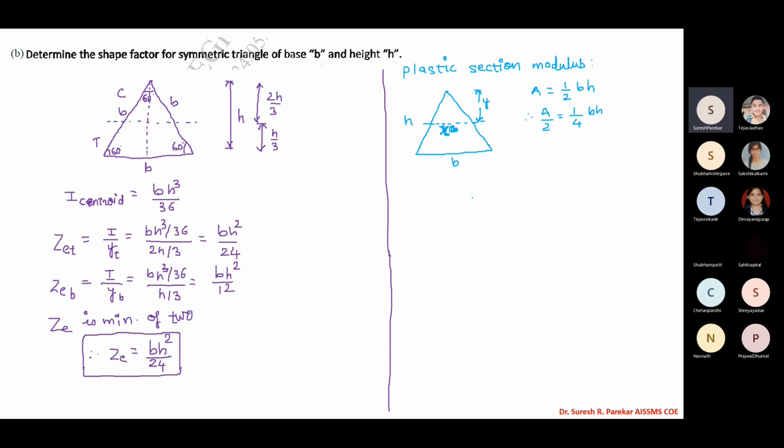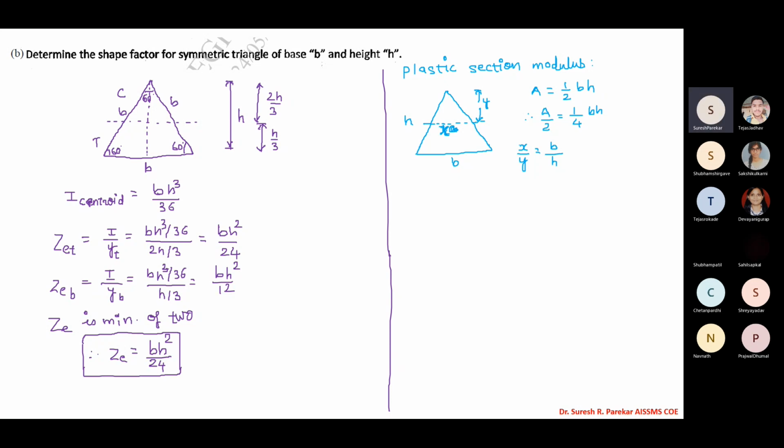Now what will be the relationship between this? We have to find height. So we have X upon Y equal to B upon H. Correct? We are using similar triangles.